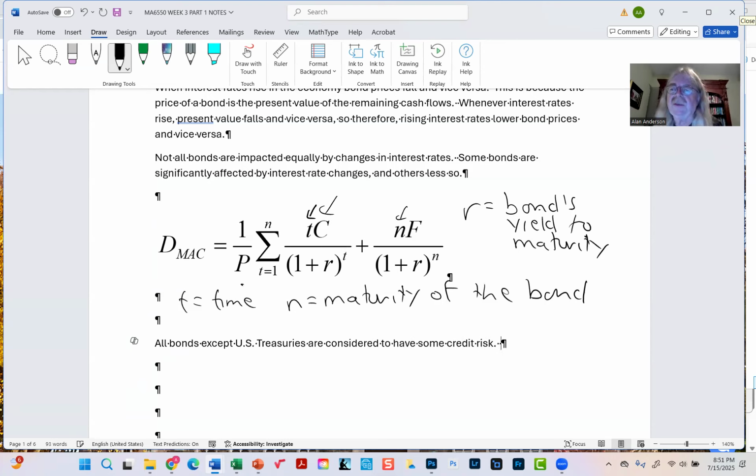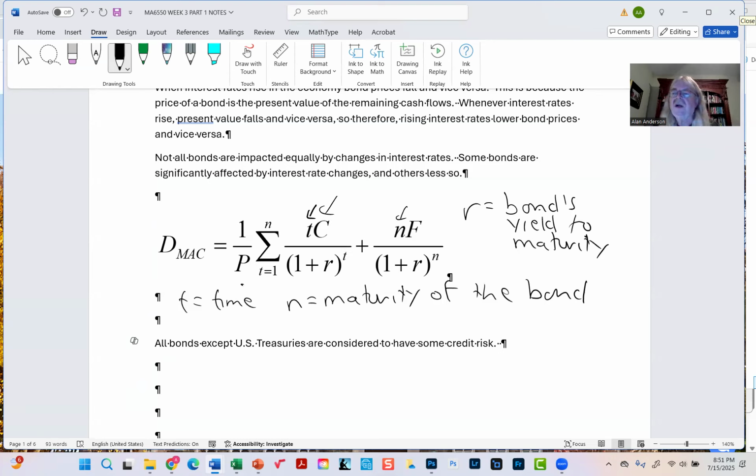And the US government is in a unique position where if they don't have enough money to pay the treasury securities when they come due, they have other options that they can lean on. They can raise taxes, they can sell assets. There's a lot of ways they can raise money if they're desperate enough to do that. So, you really don't have to worry about getting the cash flows from treasury securities. All the rest of them, in principle, have some credit risk. Even a company like Apple, in principle, could go out of business if everything goes wrong for them.